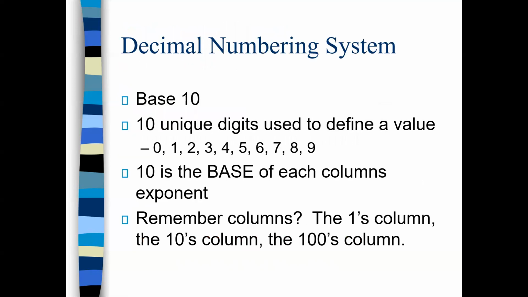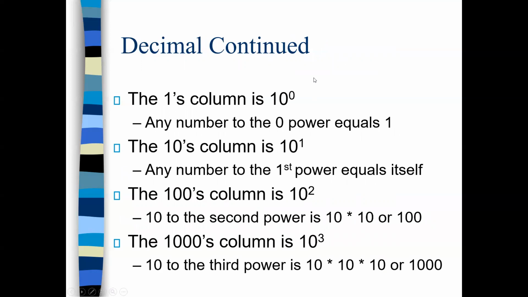So if I'm working with base 10, the numbering system we normally use, decimal, we have 10 unique digits, right? 0 through 9, 10 of them because 0 counts. 10 is the base of each of our columns' exponential value, and that's how we get our ones column, our tens column, and our hundreds column, because our ones column is 10 to the power of 0, and any number to the power of 0 equals 1.